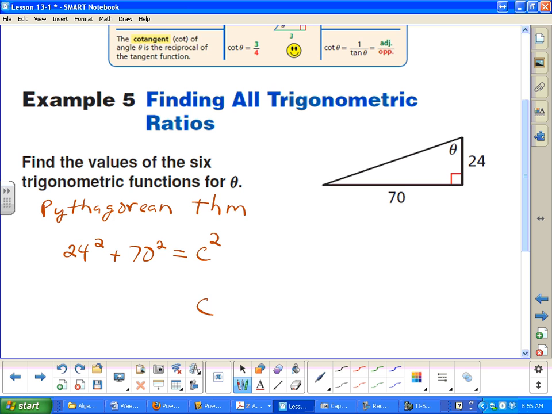So C is equal to the square root of that. So what is C equal to then? 74. Okay. So this side is 74. And that is our hypotenuse.